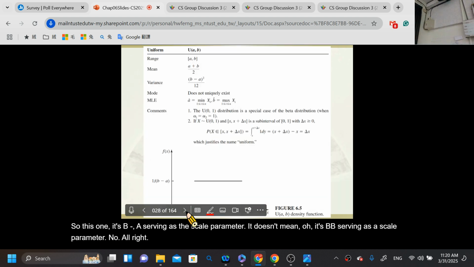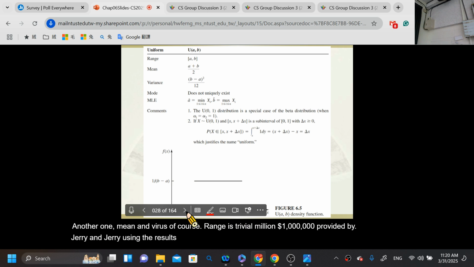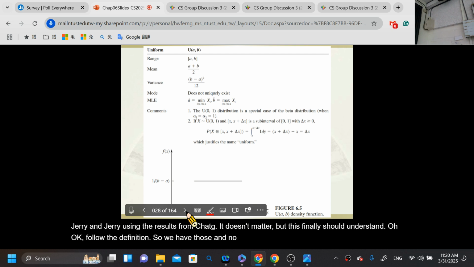And last one, mean and variance. Of course, range is trivial. Mean and variance were provided by Jerry, and Jerry used the results from ChatGPT. It doesn't matter, but at least finally you should understand, oh, okay, follow the definition. So we have those. And note, it says doesn't exist. Why?